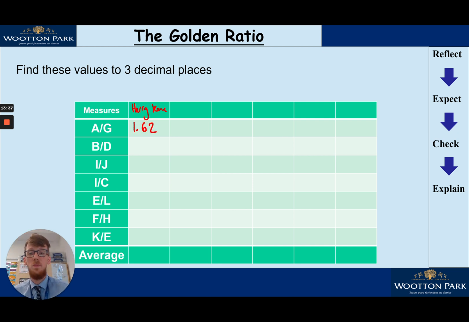Okay, and if I did B divided by D, for Harry Kane, I might get 1.73. Okay, and then for I divided by J, I might get 1.44. And there might be something that's different at that.